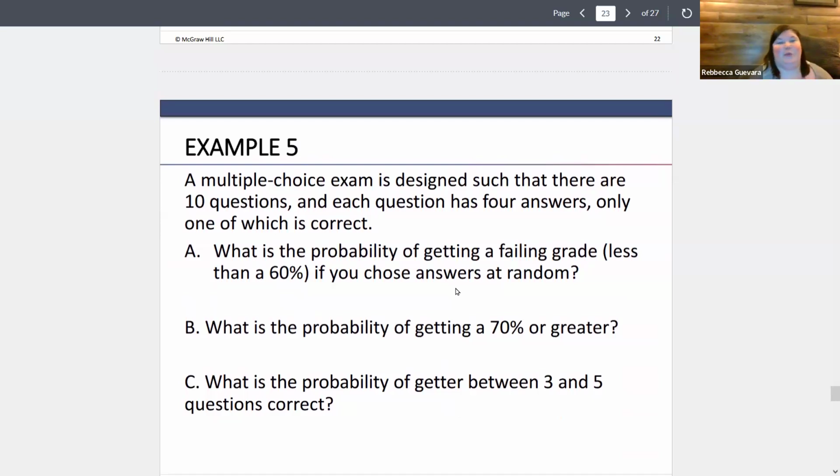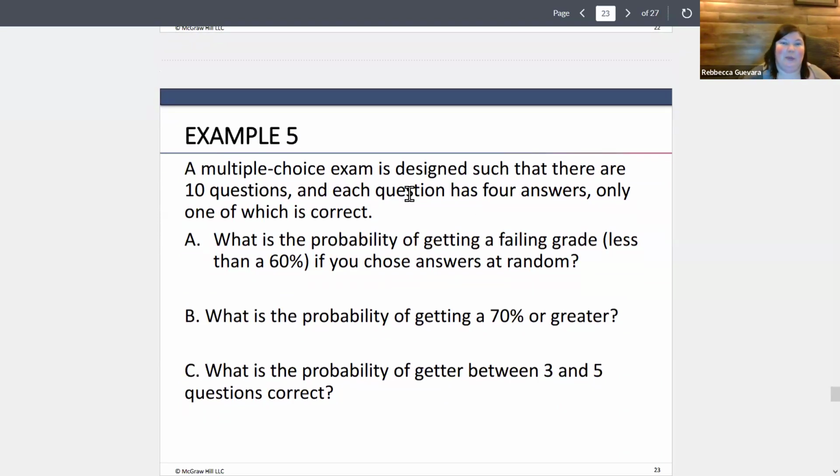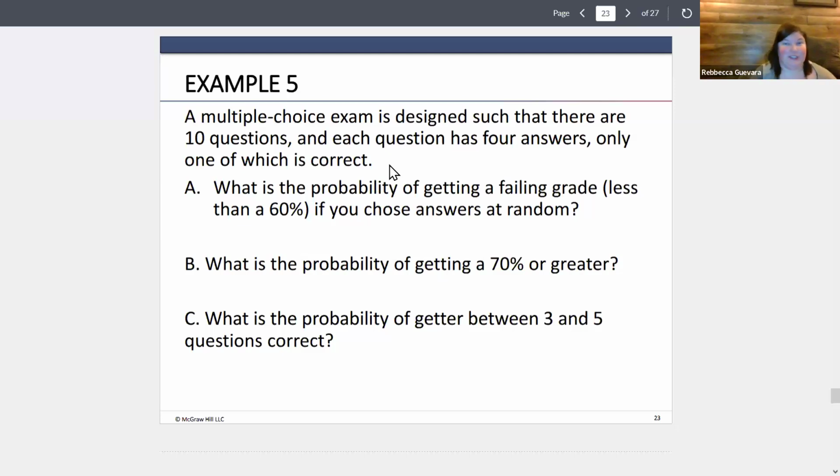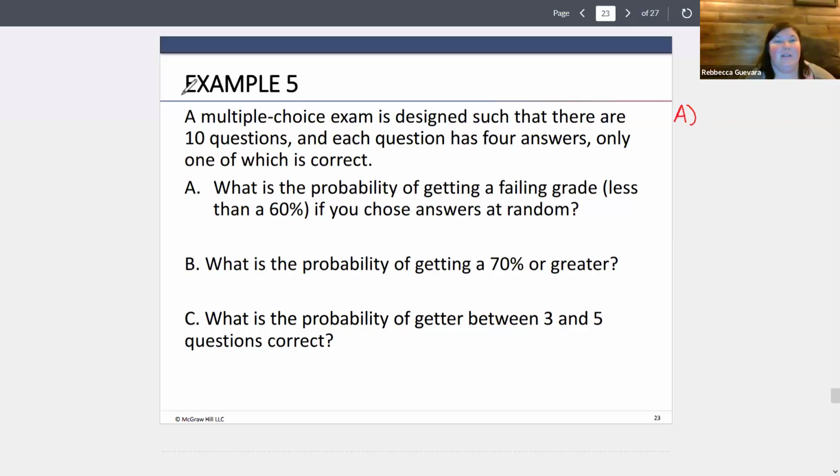So it brings us back to this one with the multiple choice questions. If we want to put this in my calculator, first we're going to decide what we're actually going to enter in that calculator. So I'm going to write it over the side so when we bring it to our calculator, we can see what's going on. For A, this is the multiple choice questions one again.